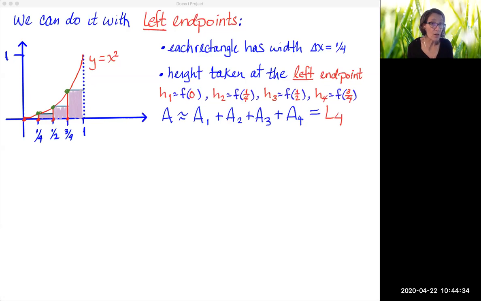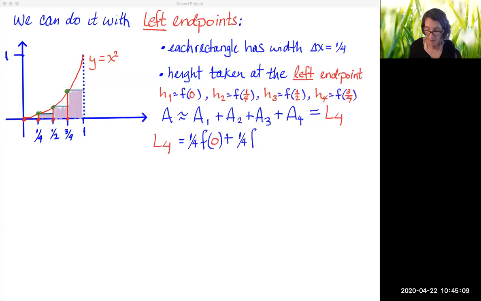And so we're going to call this approximation L4. L for left endpoints and 4 for 4 rectangles, or 4 subintervals. L4 means we're using left endpoints for the height, and we're using 4 rectangles. And so L4 is going to be the sum of 1/4 times the first height, f of 0.